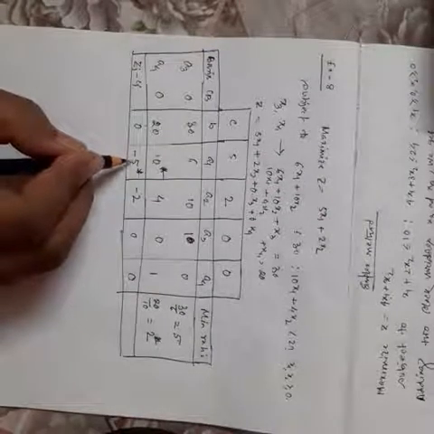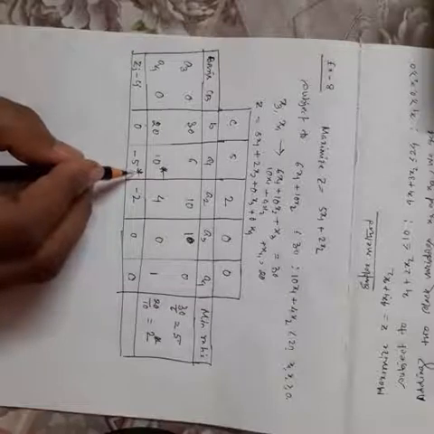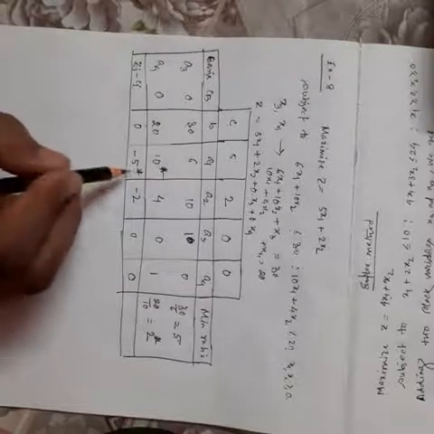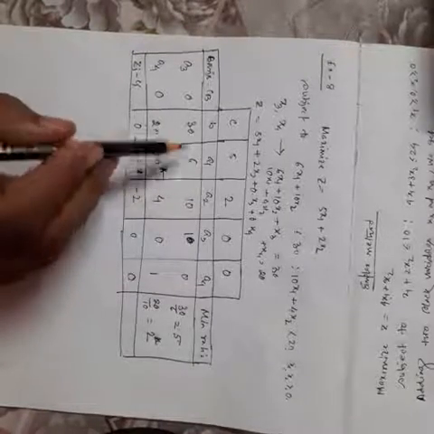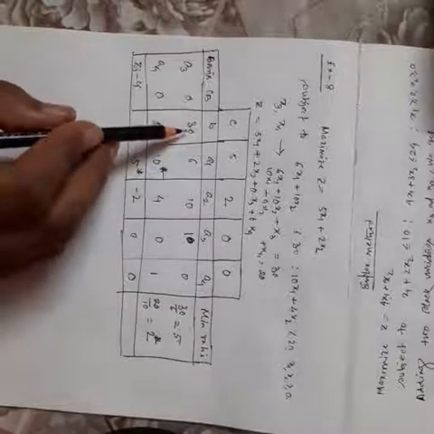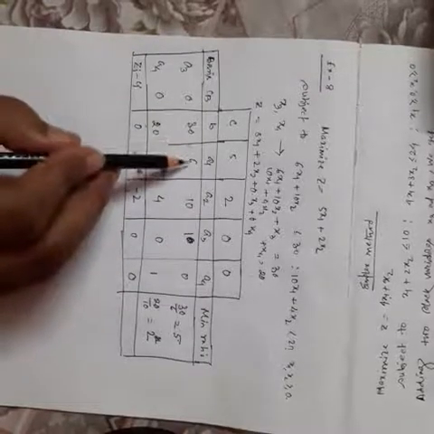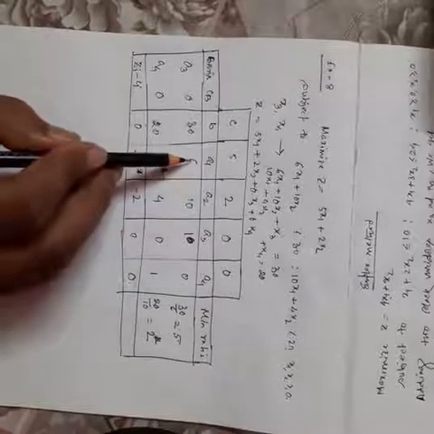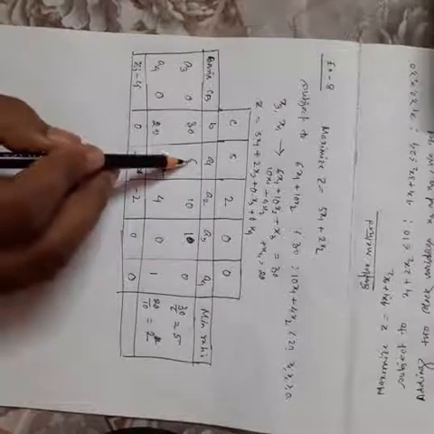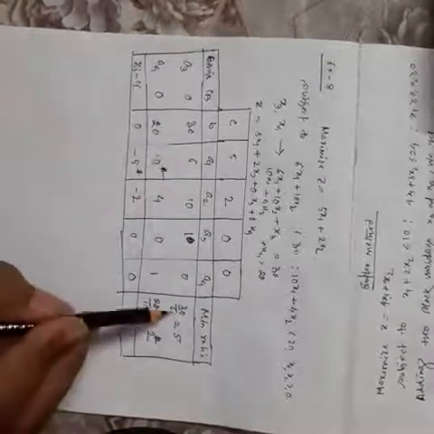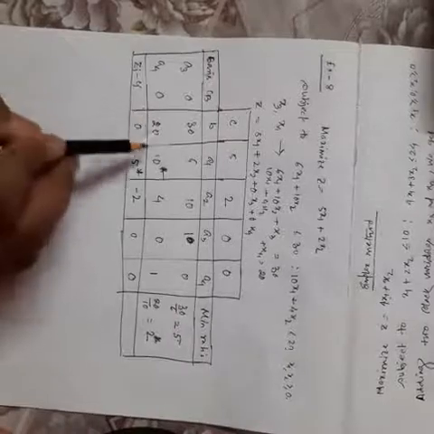This is minus 5, and we take this as the new element, and we divide the coefficients of B by the corresponding column vector of A1. That means 30 divided by 6 equals 5, and 20 divided by 10 equals 2, and here we choose the minimum ratio. The minimum ratio is 2.